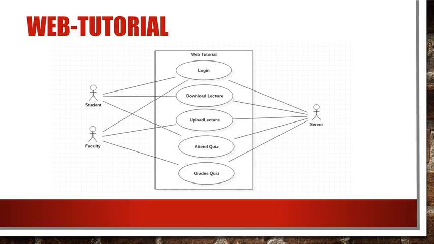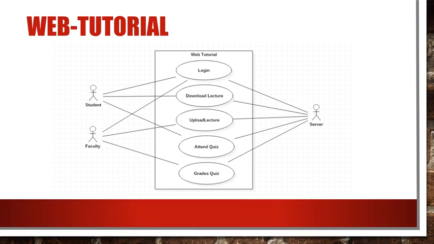The student and faculty can interact with use cases, which in turn interact with the server. So student and faculty are indirectly involved or communicate with the server via use cases.